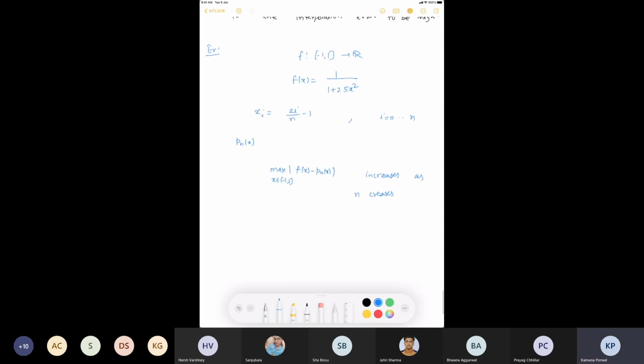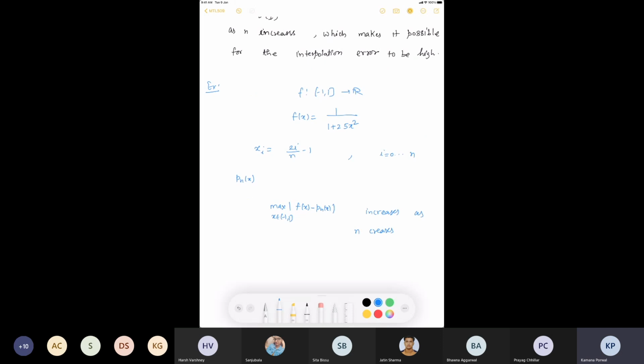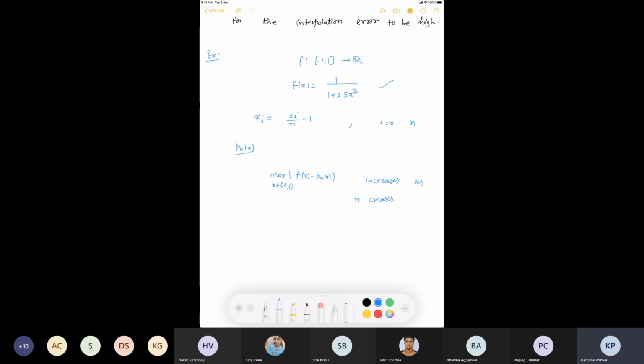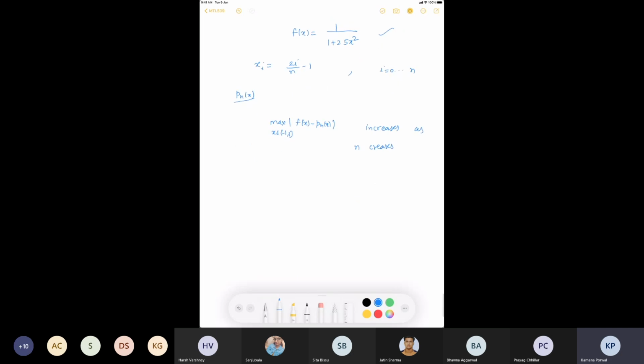I will ask you to implement this method to observe it well. That is, f is given to you; if you can write code for the Lagrange interpolating polynomial, you just have to change the values of n. Check what is happening for P1, P2, P3. For example, try to approximate using P10; it will involve the 11th derivative of the function f.